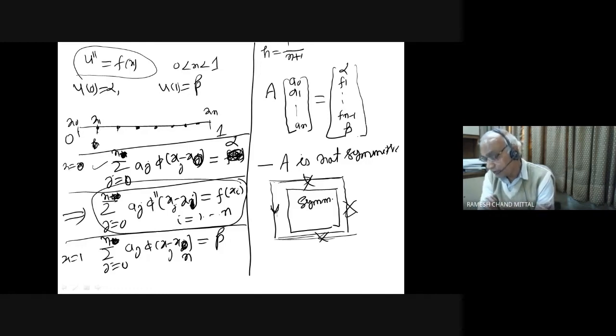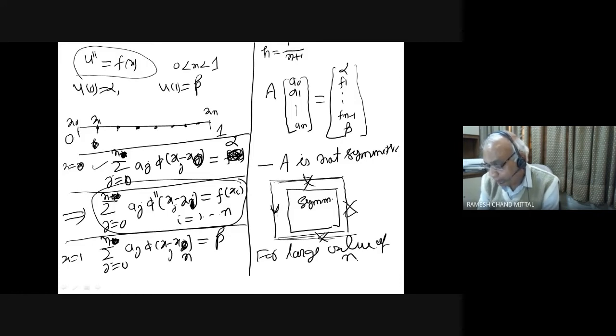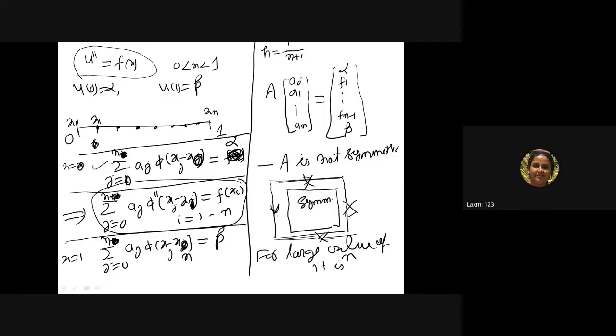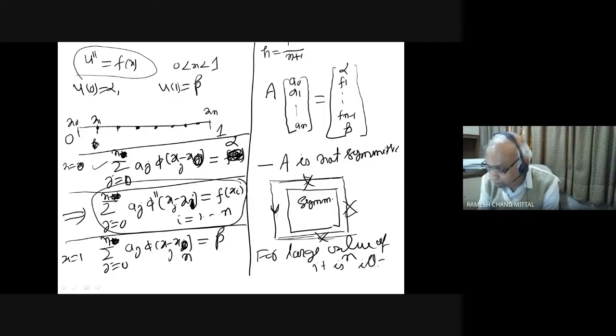This is a non-symmetric matrix, and hence for large value of n, it is ill-conditioned. So you should take a small value of n, or you take some preconditioner to make it well conditioned. This is the first thing.